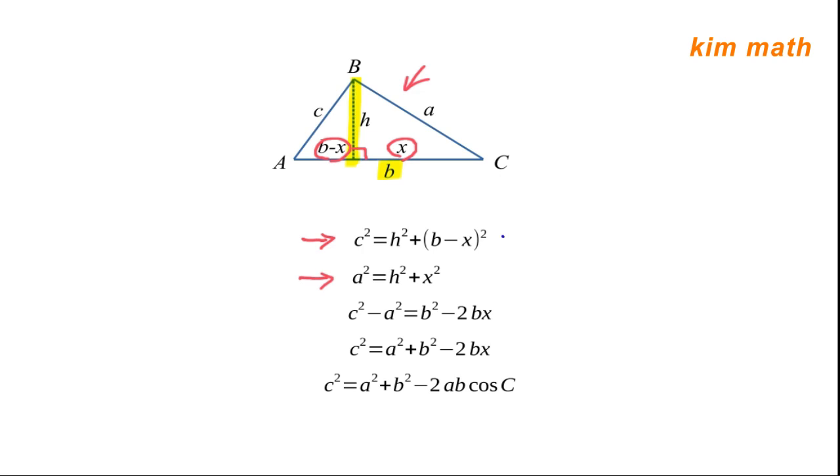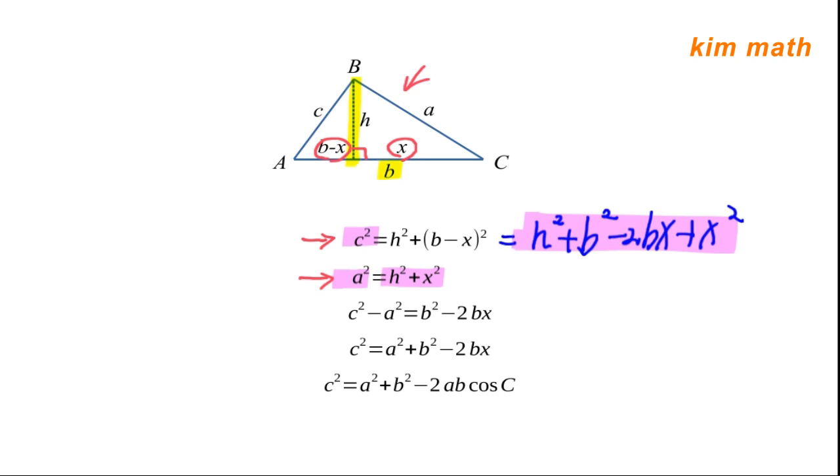First, the right side of the first equation, h squared plus, instead of (b minus x) squared, we can expand this one. Then you have b squared minus 2bx plus x squared. Is it correct? Now, think of these two equations. c squared is this one, and a squared is this one.